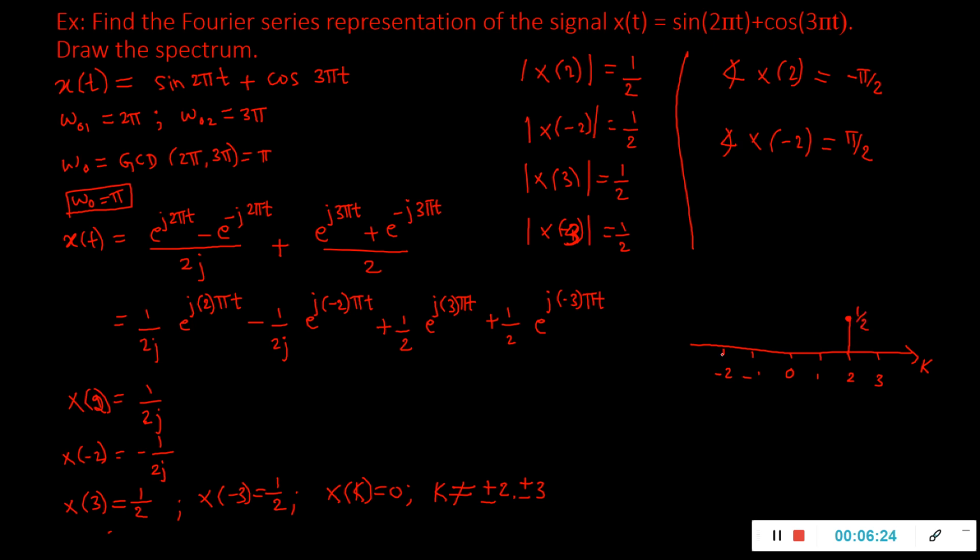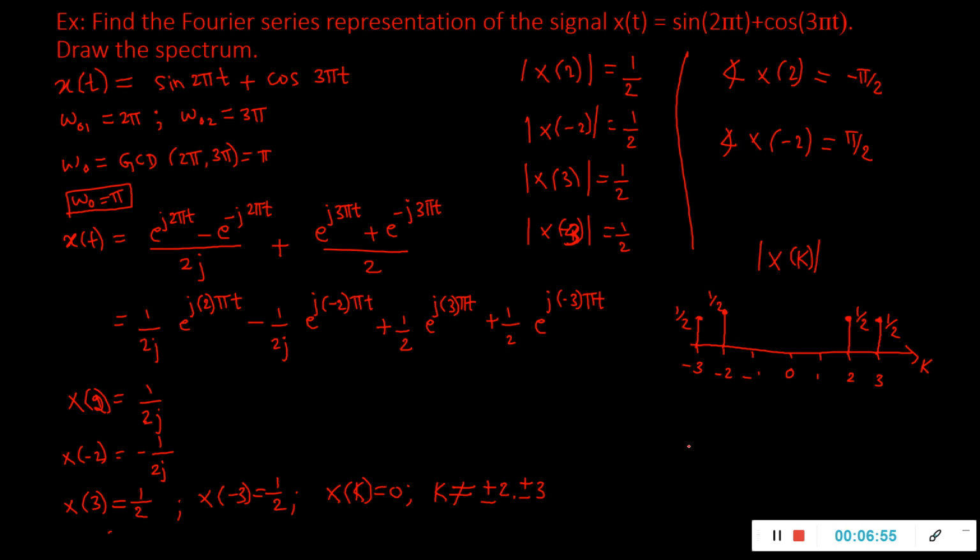X of minus 2 is also equal to half, so I'm going to draw that line now. X of 3 is also equal to half, so I will draw one more vertical line like this, whose amplitude is once again half. X of minus 3 is also equal to half, so k is equal to minus 3 exists here, and I will draw a vertical line like this, whose value is half. So this is the magnitude spectrum of the Fourier series representation.